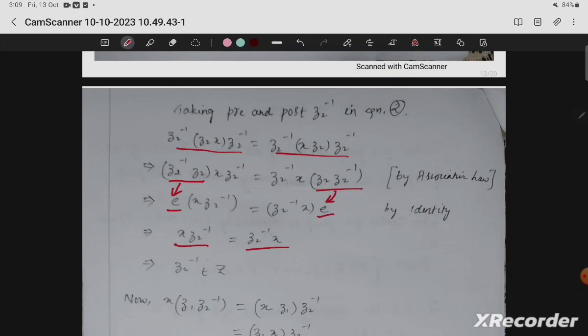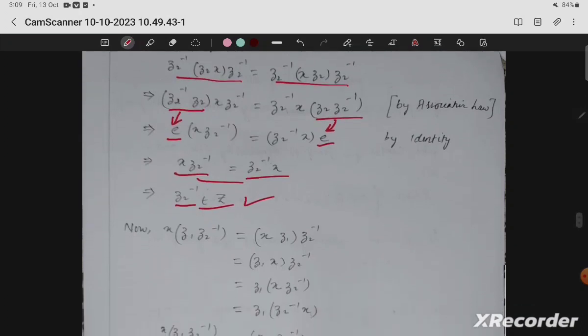So from the definition, this implies that z2 inverse belongs to the center. Now we got this one. So the next step is we will show that z1 operation with z2 inverse belongs to the center.